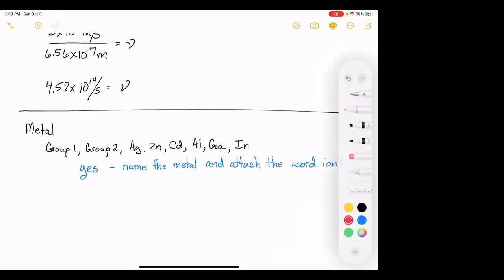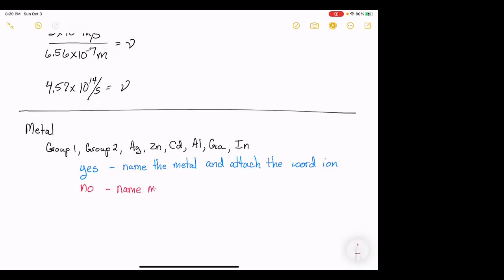If I say no, then I'm going to name the metal and give the charge as a Roman numeral, and that's sufficient for a metal that's not one of those.